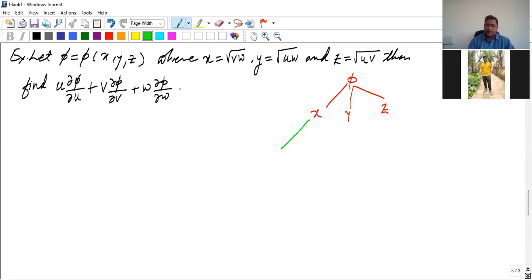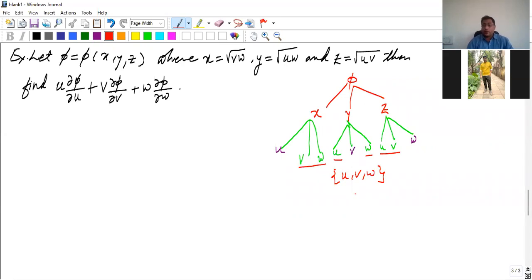Now x is a function of v and w, y is a function of u and w, and z is a function of u and v. In x, u is missing, in y, v is missing, and in z, w is missing. But here we have v and w, here u and w, and here u and v, so ultimately the set of variables is u, v, w.